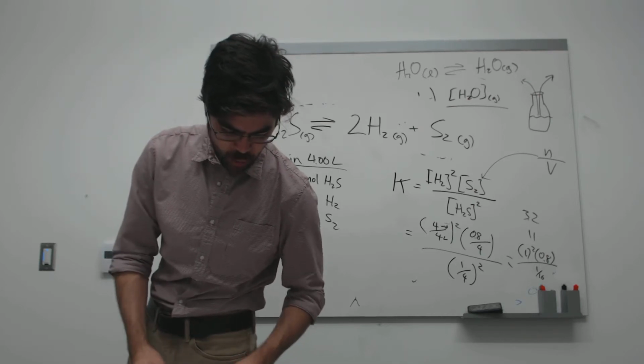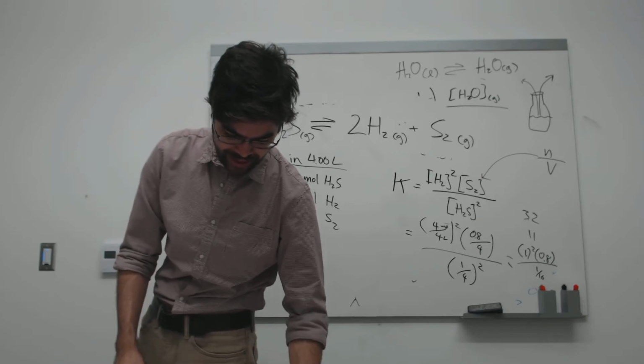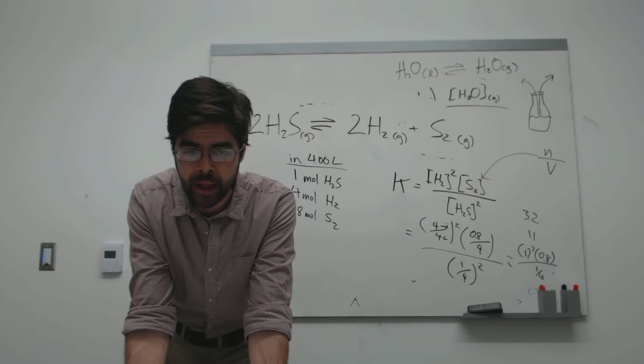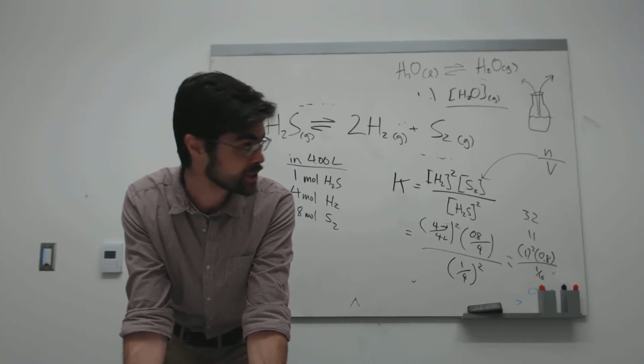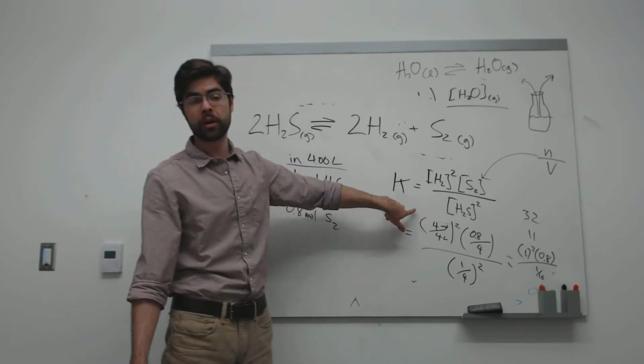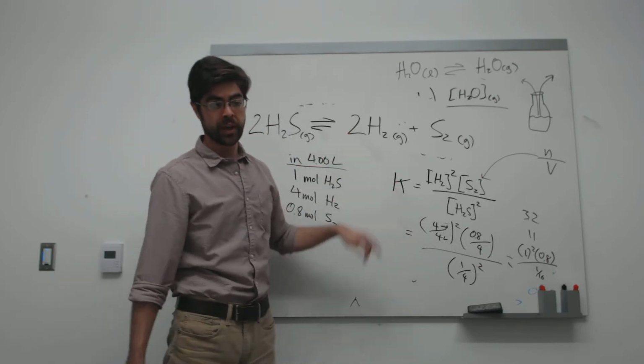What is the difference between the law of mass action and the equilibrium constant? They're very, very closely related. The law of mass action says this ratio. This is the law of mass action for this reaction.